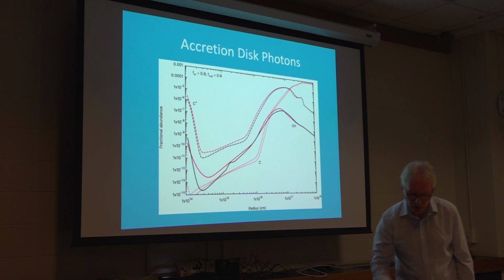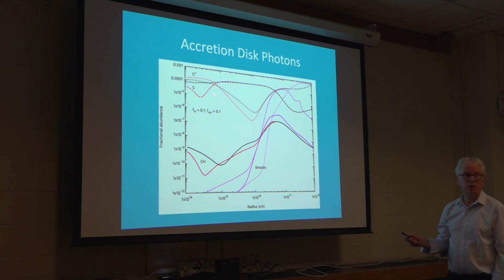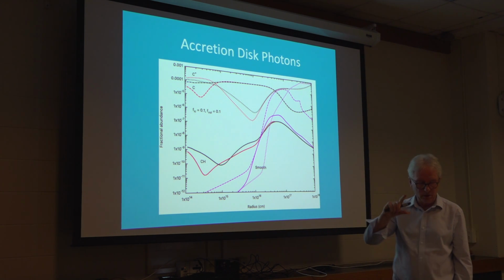This is also kind of interesting because I've been told actually that carbon plus has been detected now in IRC+10216, but it's seen from the inner envelope, so not from the outer envelope. Atomic carbon is detected in the outer envelope. There may be issues to do with excitation around here.